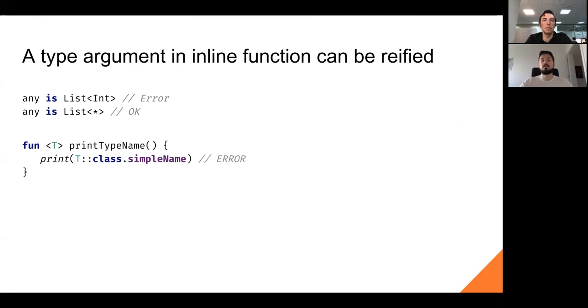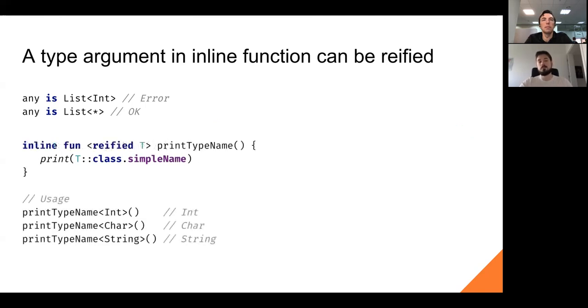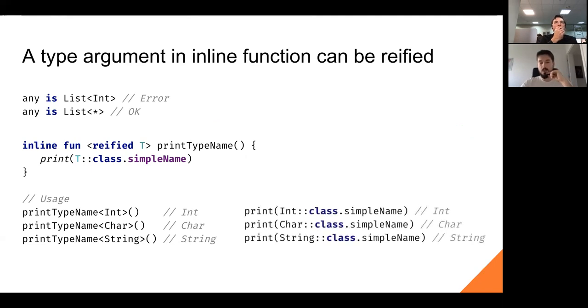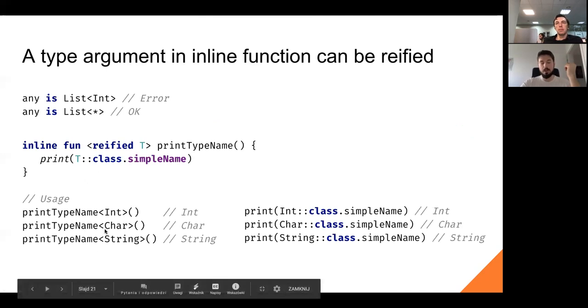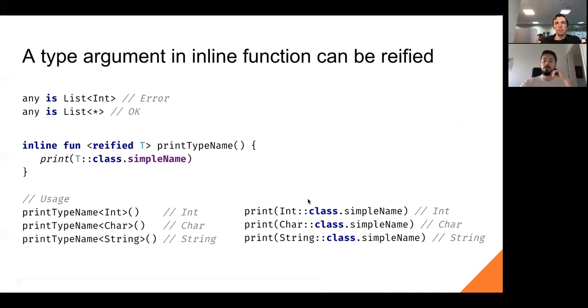Thanks to that, it is possible to, let's say, pass a type parameter and reference it, and, let's say, get its name. Another example, because during compilation this function will be replaced with the following body.